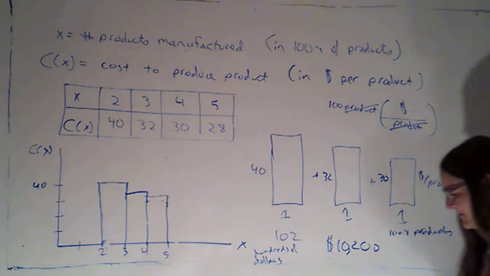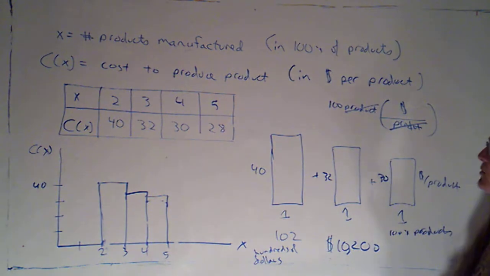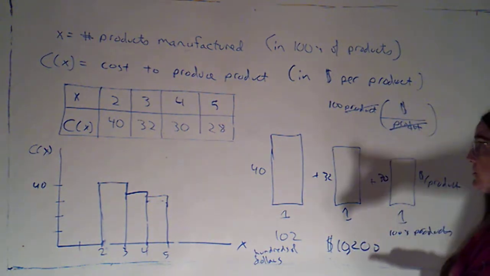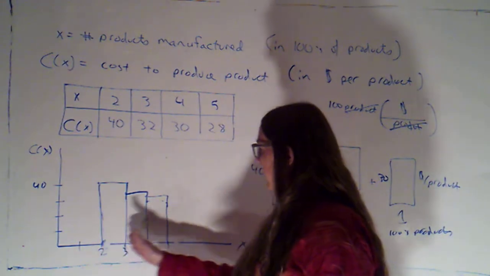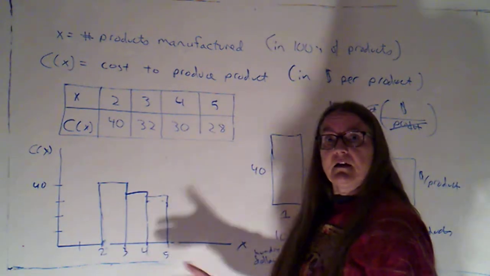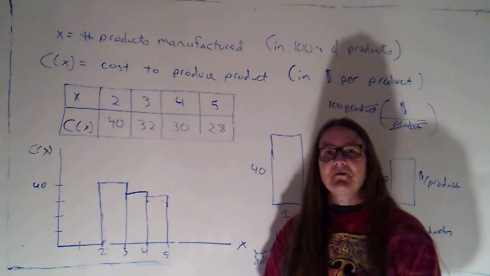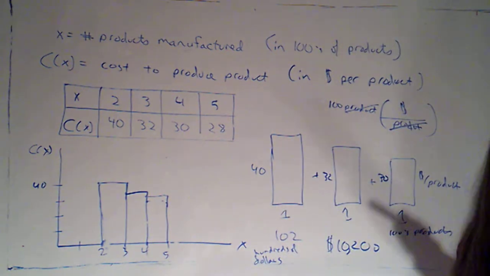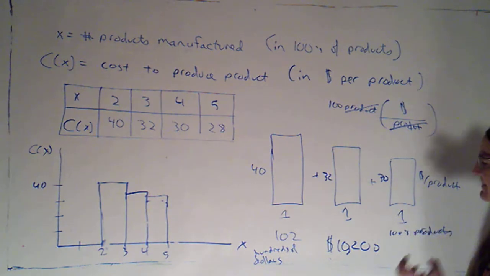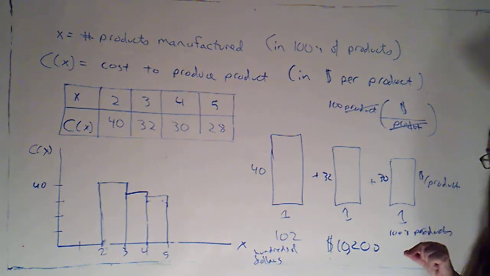Okay, so what does that mean? It's dollars to do what? Well, it was dollars to produce these products. What we did is we went from producing 200 products to 500 products. That was 300 products that we produced. But I want to be careful. I don't want to say it cost $10,200 to produce 300 products. It cost $10,200 to produce this 300 products.